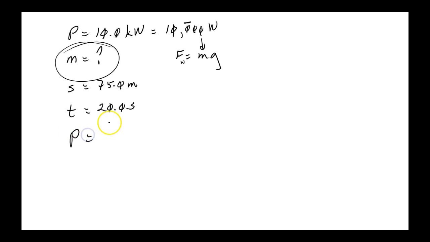Power is equal to force times displacement divided by time. That's it. Okay? Now, we don't know the force. But we do know that's mg. So let me write that down instead. mg times displacement divided by time.